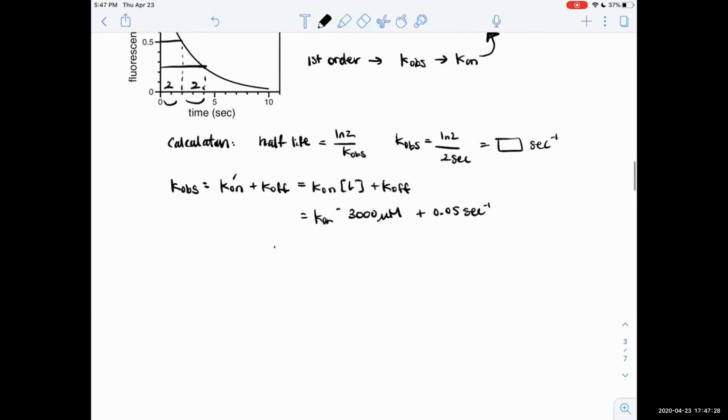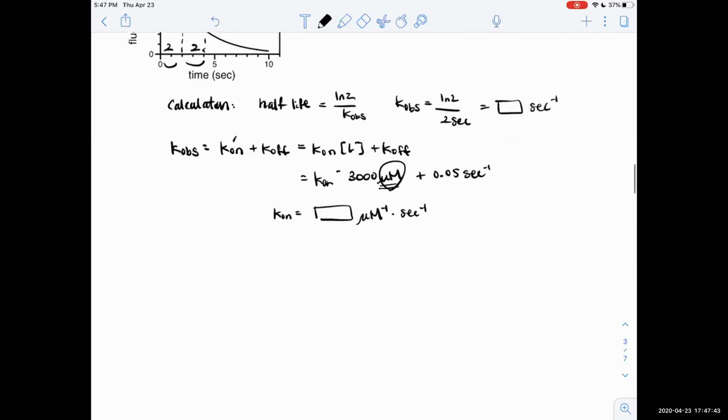Here we can find K on, in units of second to the -1 per micromolar, because we need to cancel out these units. And now we know that KD is just K off over K on. We know these two values, and therefore we should get the answer in micromolar. Or if you were to use a different concentration unit, you need to denote the concentration that you're using.